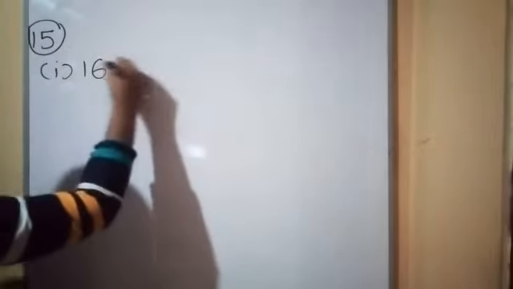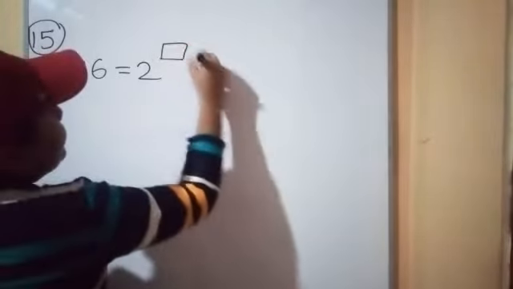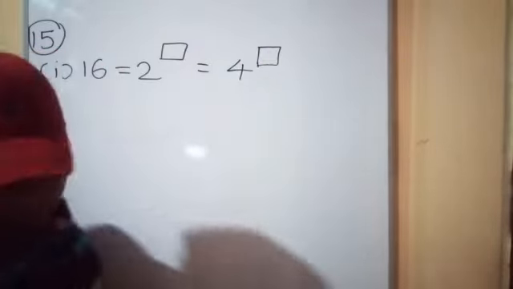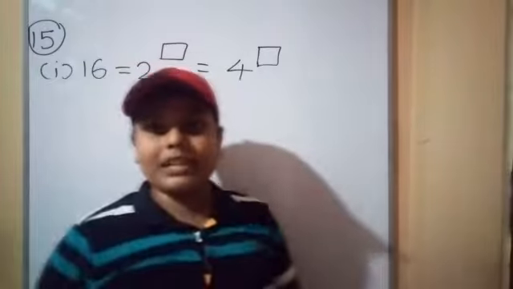Okay, let's move to the 15th question in this revision exercise. Now the first one: if 16 equals 2 to the power something equals 4 to the power something, write the suitable numbers in the boxes.